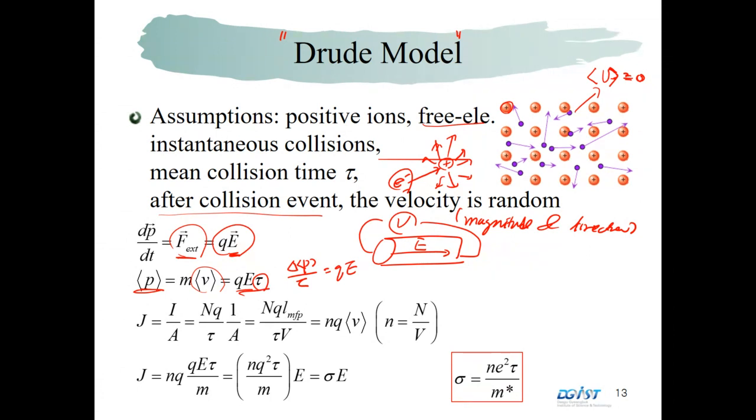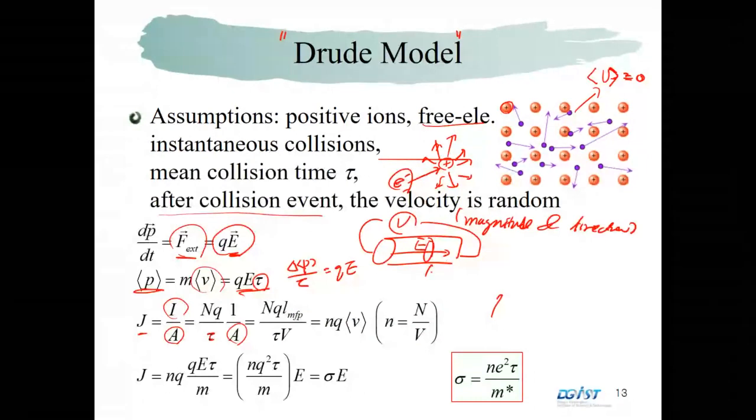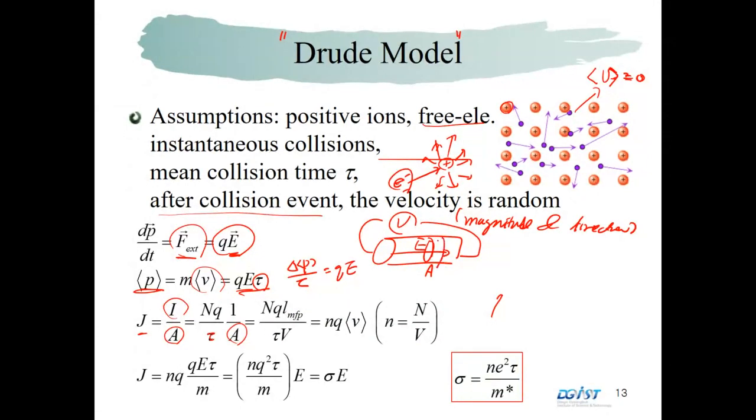With this relation, think about the current density. Current density is the current divided by the cross-section area, and this current is the number of charged particles and the relaxation time tau again. Here we can introduce the area, the cross-section area, and the volume we are talking about.